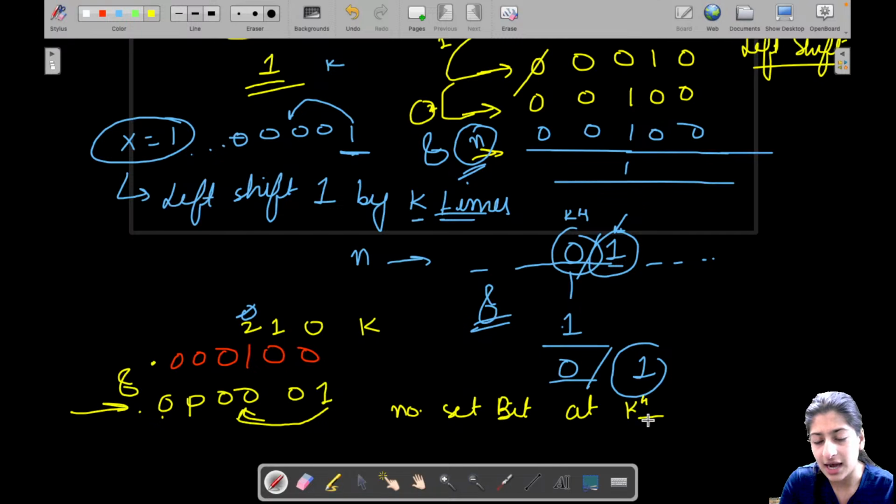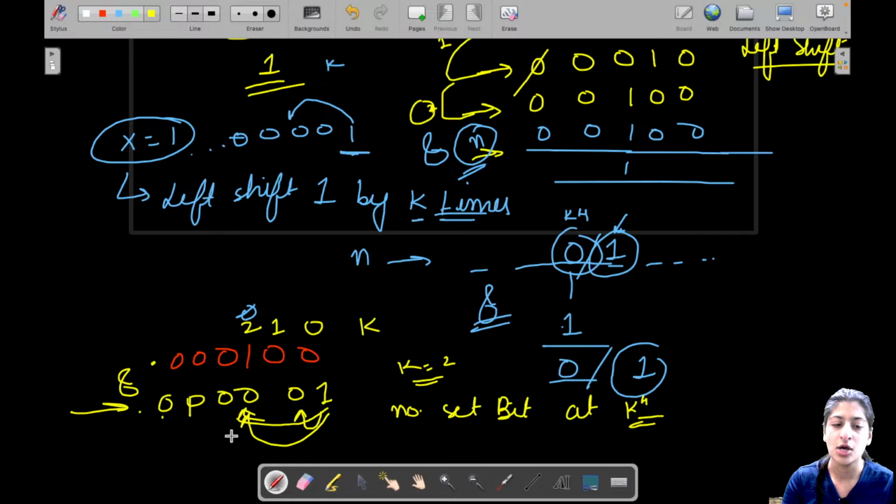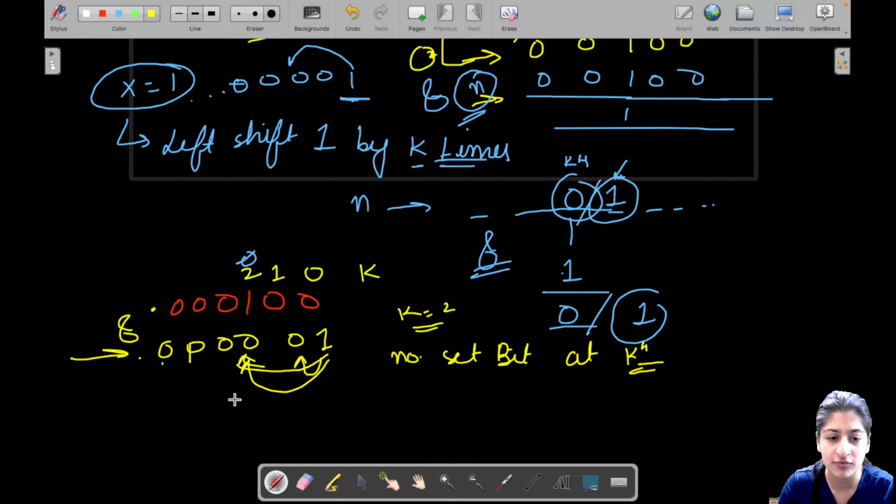To get that, if k is equal to 2, that means 0, 1, 2 in terms of indexing, I will left shift my 1 by 2 positions. If I left shift it by 2 positions, the first time 1 will come here and the second time your 1 will go here. So I am finally going to get a number which will have set bit only at kth index. Rest of them will be non-set bits.